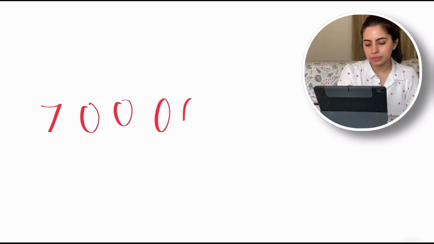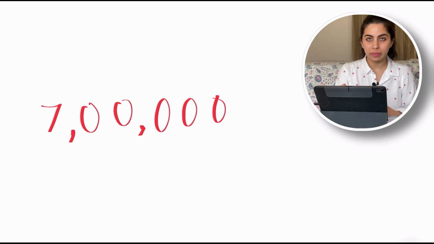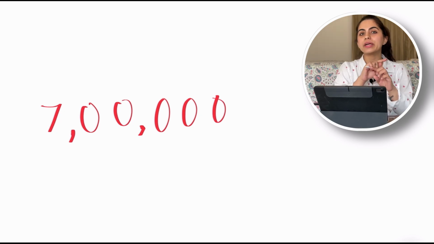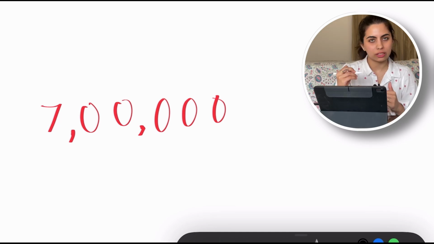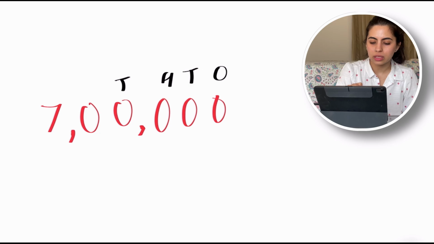Let me take my first example, 7 lakh. Since I am thorough with my concepts, I can quickly write 7 lakh and put my commas. I don't need to write the places on top, but just as a revision for you, I will do that. 7 lakh is in my Indian number system, and so are the commas. So here: ones, tens, hundreds, thousands, 10,000s and lakh.